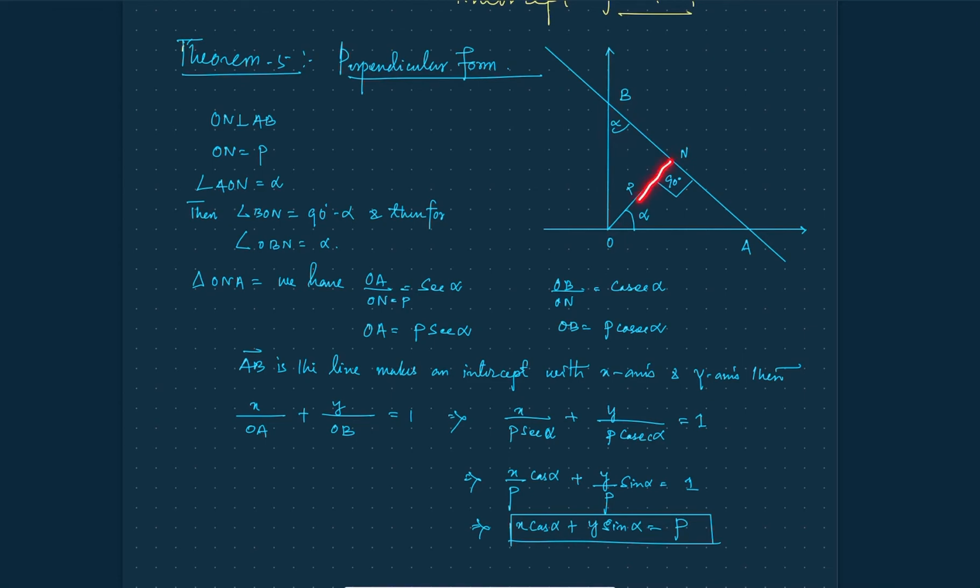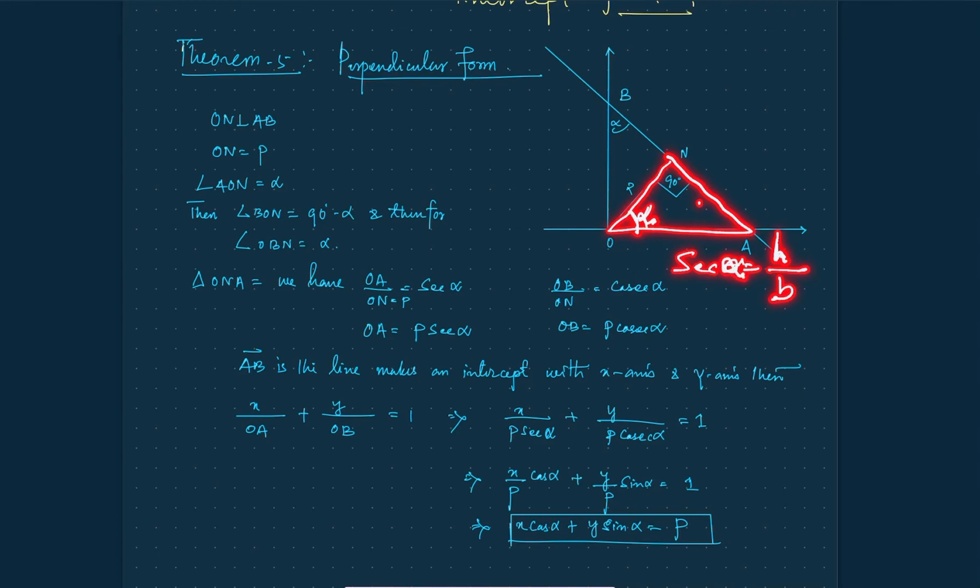Now in triangle AON, what is sec theta? Sec theta will always be h by b, since this is theta, but here this is alpha.